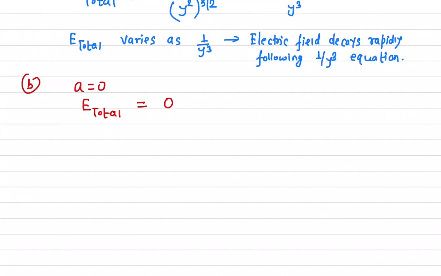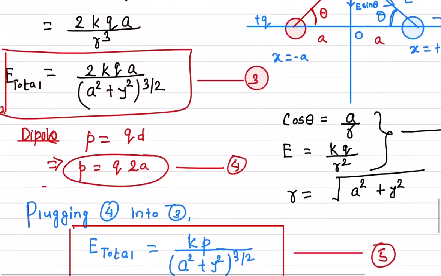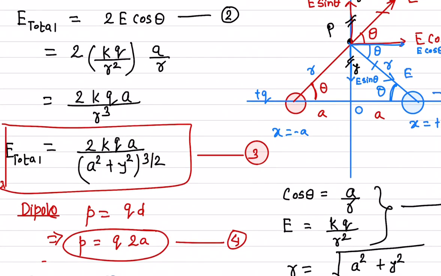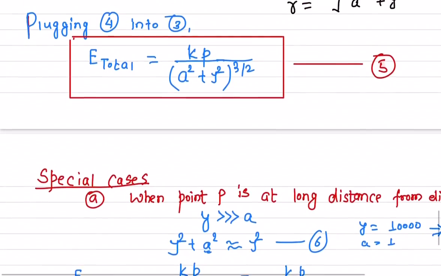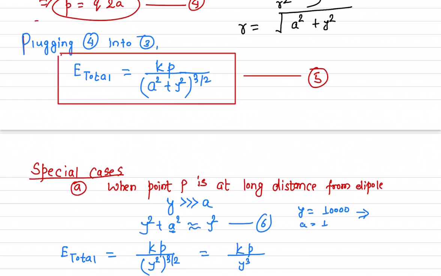The third case we'll talk about is when y is equal to 0. And what does that mean again? When y is equal to 0, this point P lies right here, right in between. How do we solve it? We can just plug into this equation.